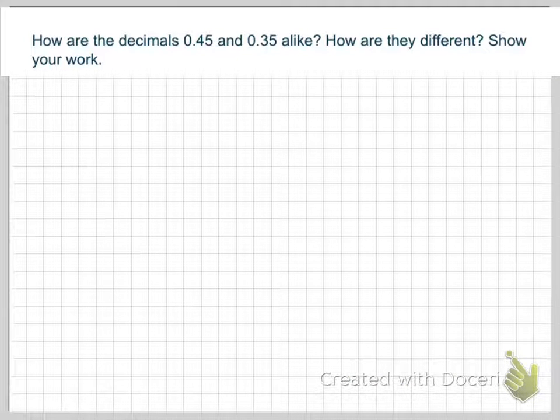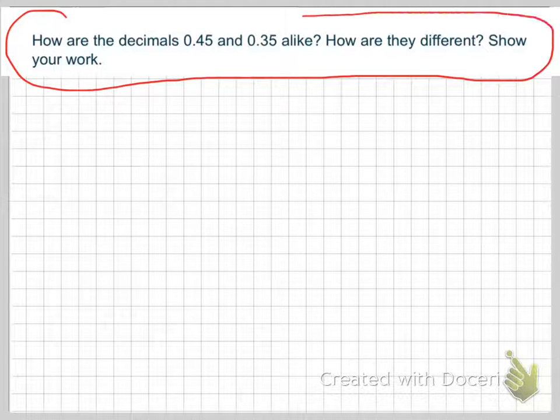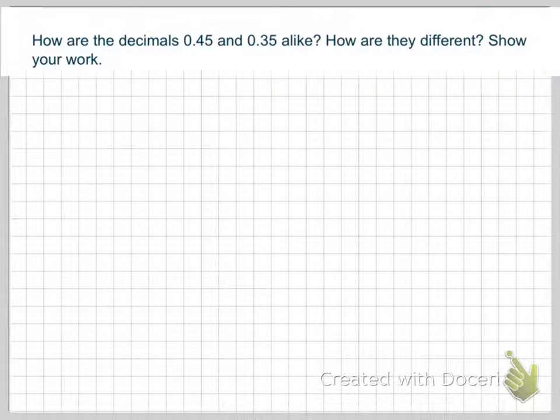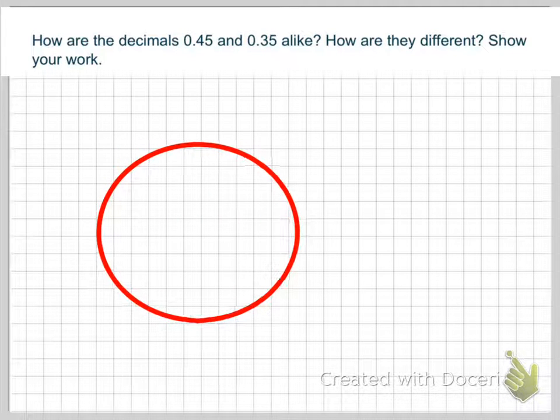Okay, so my last question today is, how are the decimals 45/100 and 35/100 the same? So I think I'm going to make a little Venn diagram for this. So I'm going to use the circle here. There's one circle.